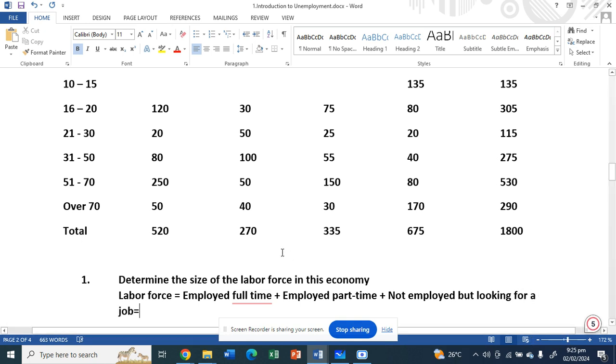Right. So the number of people who are fully employed, 520. Let's also get our calculators. Plus those who are part-time employed, 270. Plus those who are not employed but looking for a job, 335.